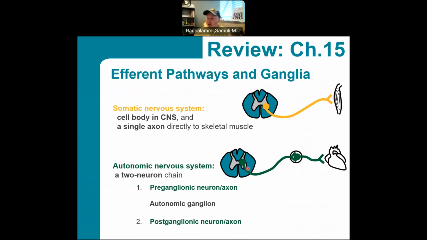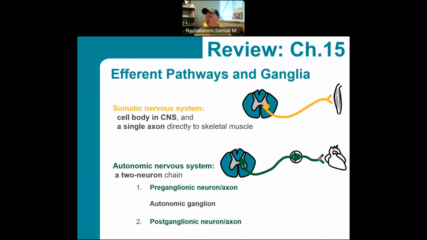If we compare that to the autonomic nervous system, rather than having just a single nerve, we're dealing with a two-neuron chain. We have a preganglionic neuron that can have a long or short axon, and then that joins into the autonomic ganglion, where there's a connection from this first neuron to the second neuron.